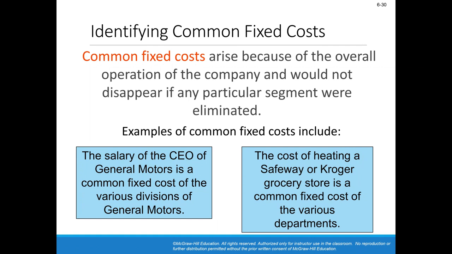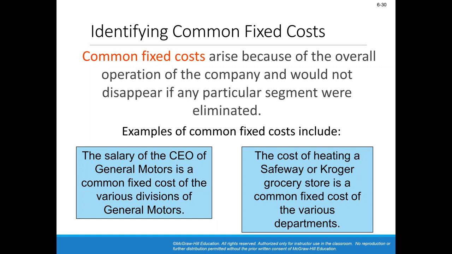In other words, how many of these people are dedicated strictly to this segment of our business? But that would really be traceable fixed costs. Others, if you had the vice president of HR, you would still have a vice president of HR most likely, and their costs would still be with the main business if you got rid of part of this. So we want to make, again, informed decisions.